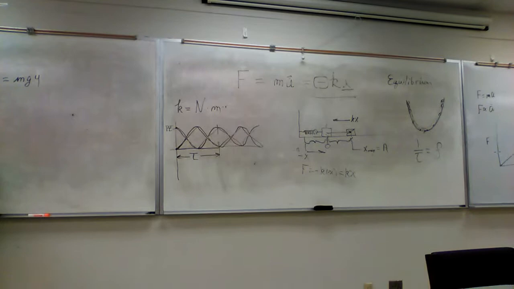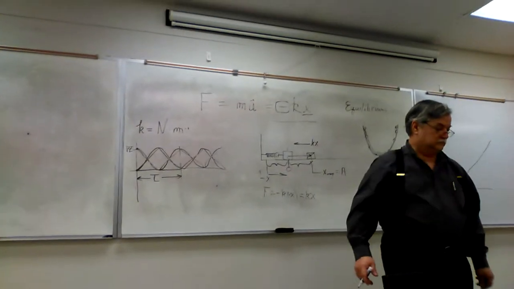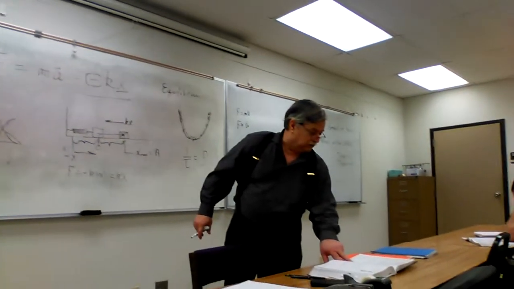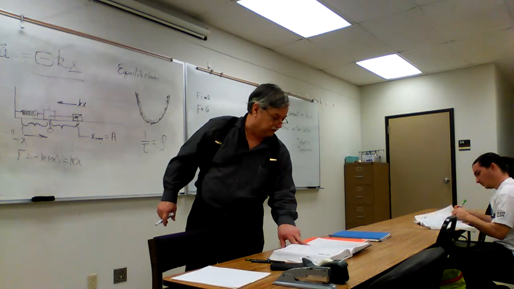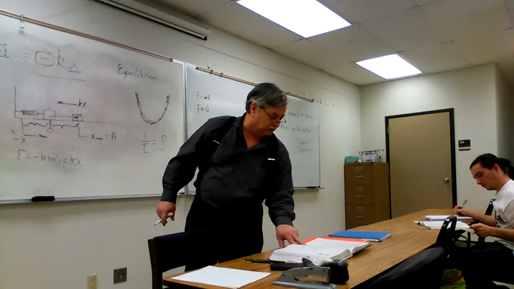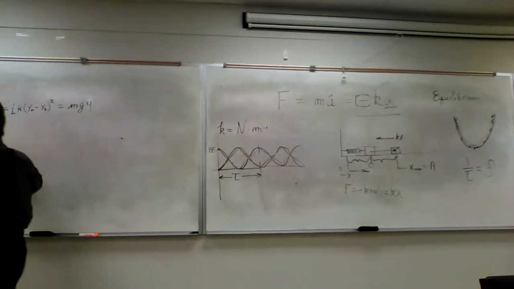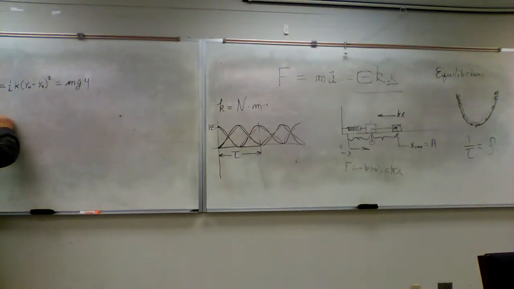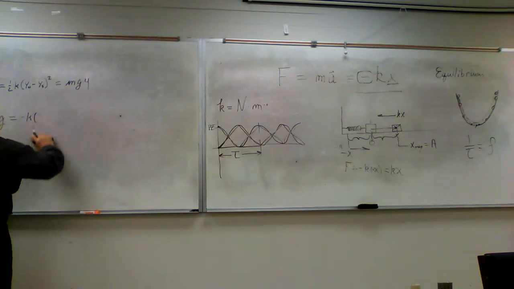Point is, if you go through and you do the math, they do it for you right here. It's exercise B on figure 11.3 on page 294. And they tell you that mass times gravity is going to equal minus k times delta y.